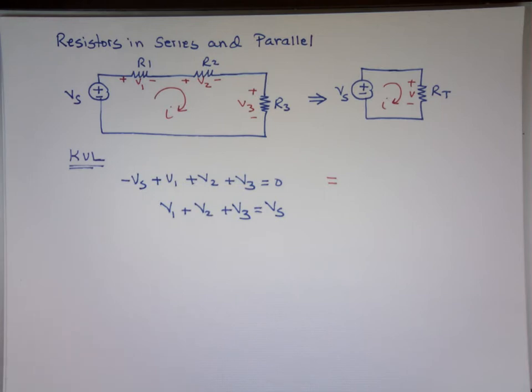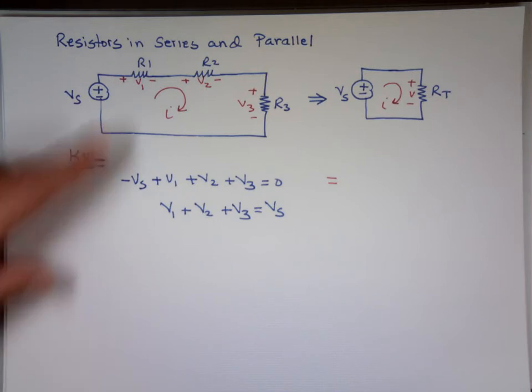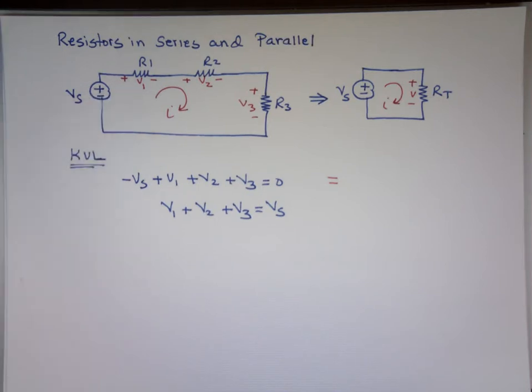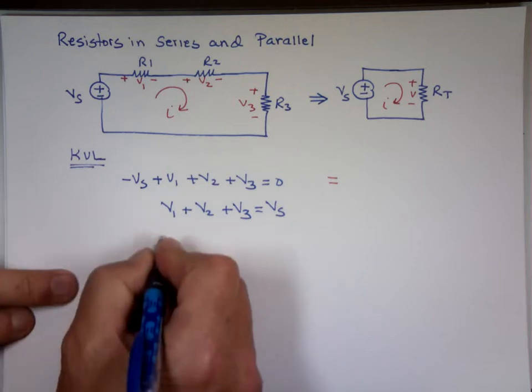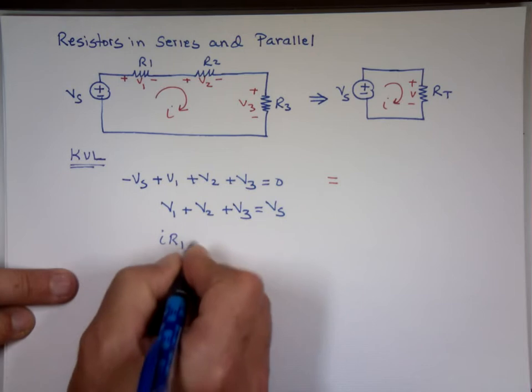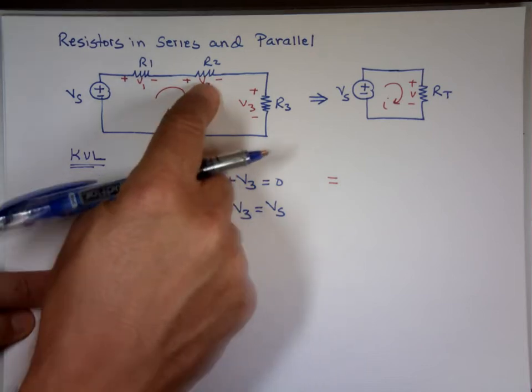How many unknowns do you see there? 3? So I can't solve it. I need to rewrite each V in terms of the current and the resistor. Ohm's law. What's V1 equal to? IR1. Yes, I times R sub 1. Very good. What's V2 equal to? Ohm's law.